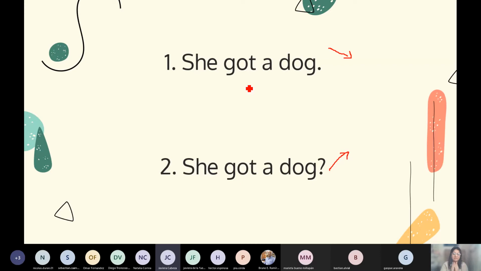But in the second one, we are expressing something more: we are showing surprise. Like, I cannot believe she got a dog. It goes higher because we want to express surprise.